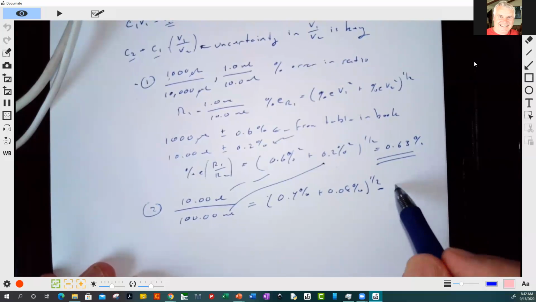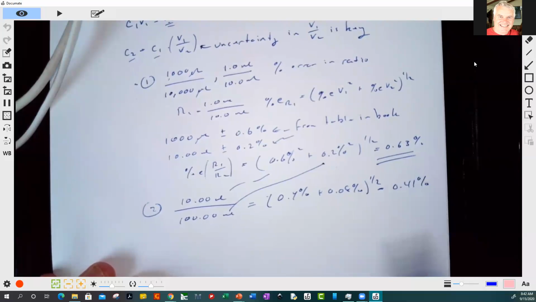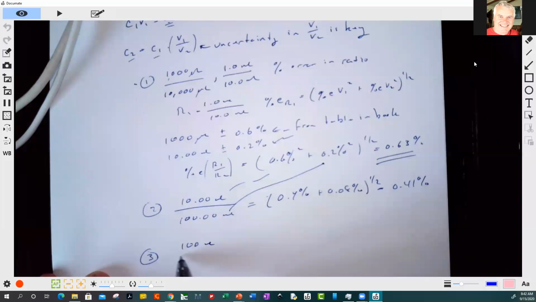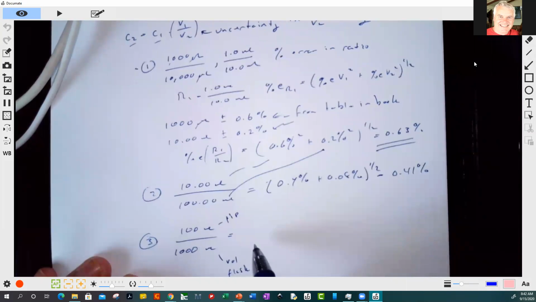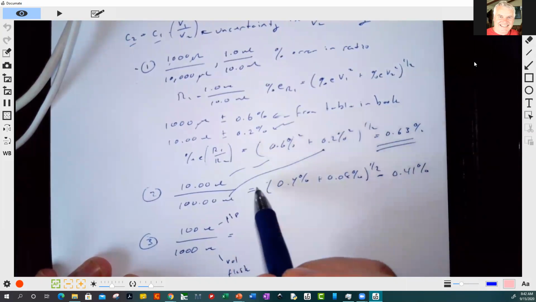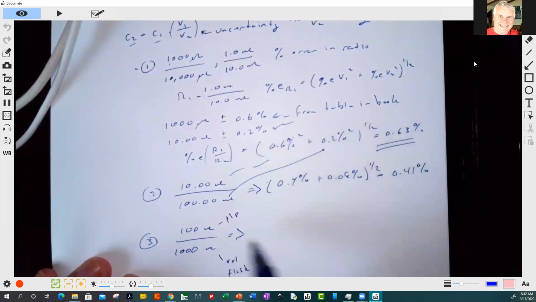And then in the last case, we've got 100 ml over 1,000 ml. And this is a pipette. This is a vol flask. Oops. And this should be an arrow here.